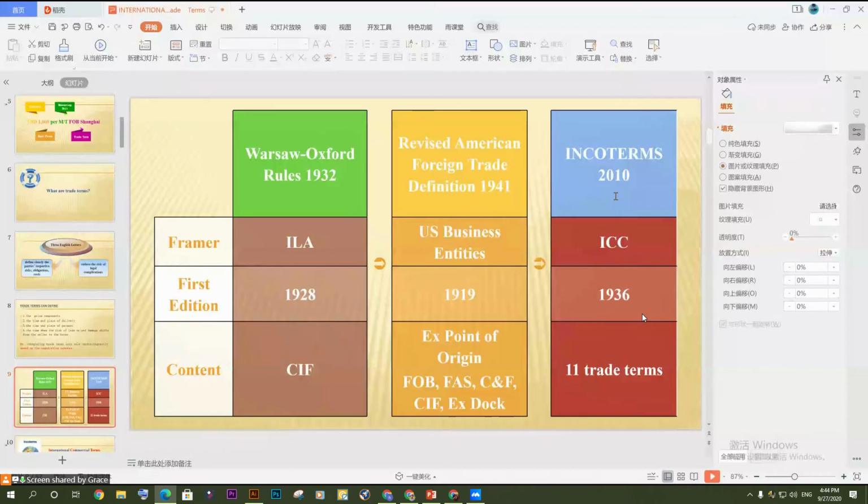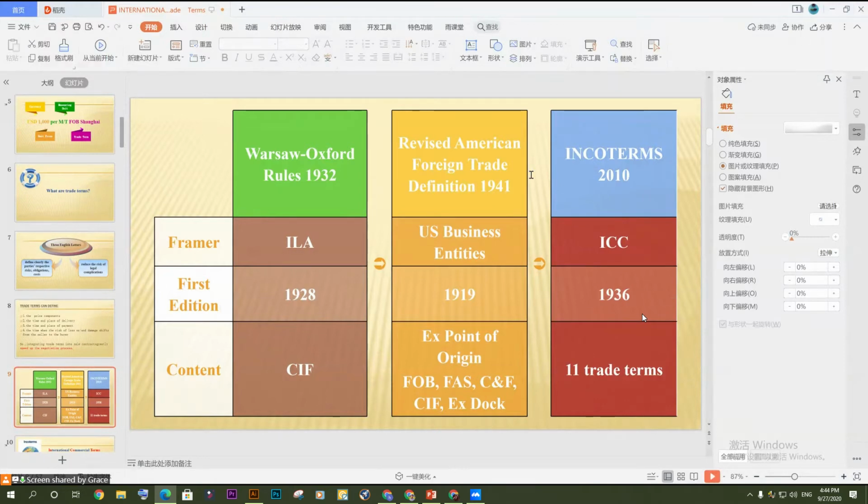We call it Incoterms 2010. That means the version of Incoterms that was published in 2010. But the first version of this international practice was published in 1936, and it has been revised and supplemented many times.